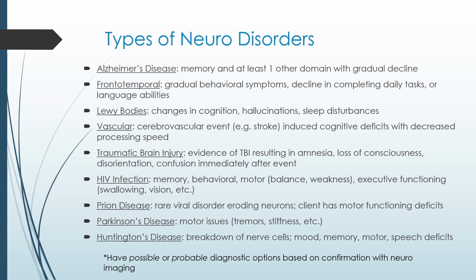So in things like Parkinson's disease and Huntington's disease, we see that breakdown at the neuron level of the brain. Parkinson's mostly presents with motor-related issues. Huntington's has to do with nerve cells, and so that can impact a lot of other areas of functioning like mood, memory, those more muscular motor issues, and speech.